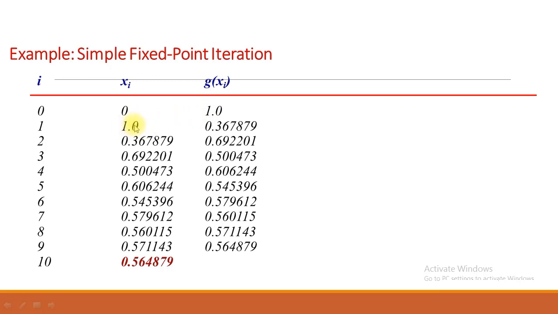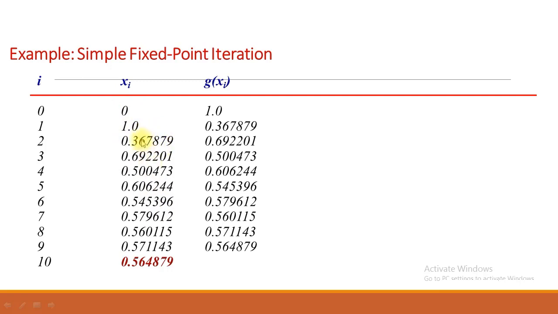So putting this 1 into the g function, we obtain 0.367879. So 1 is not the fixed point of g. Now put this 0.367879 into the function of g, we obtain 0.692201. So 0.367879 is not the fixed point of g, but all these values converge.